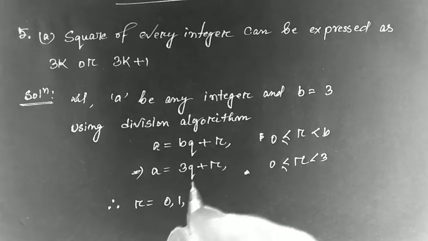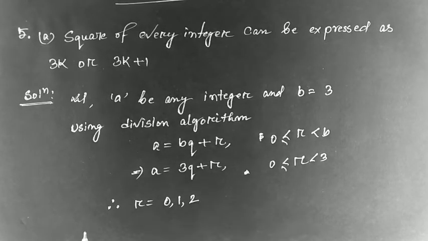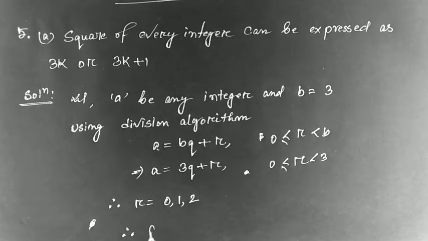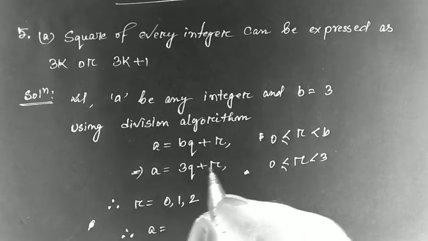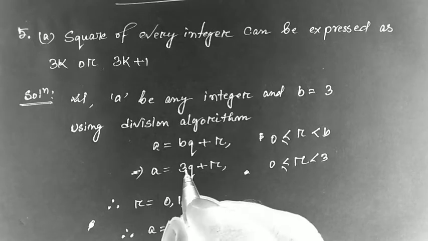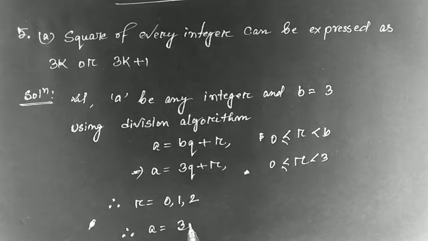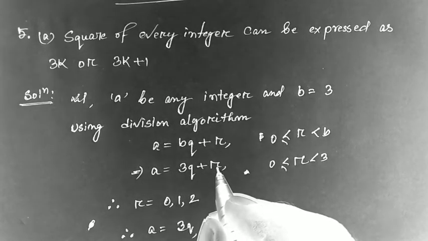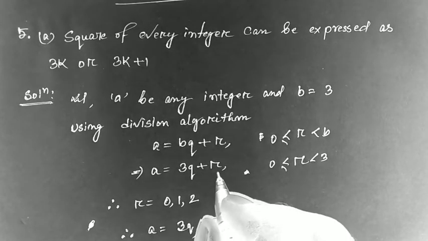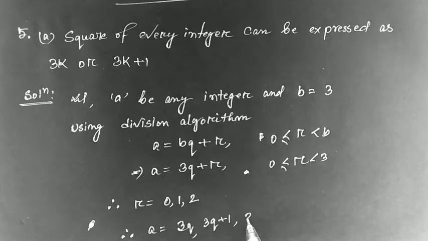So when r is equal to 0, then a will be 3q plus 0, that is 3q. If we put r is equal to 1, then 3q plus 1, and if we put 2, then 3q plus 2, no?